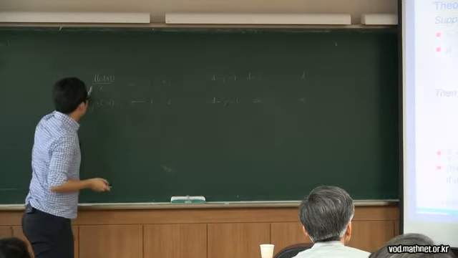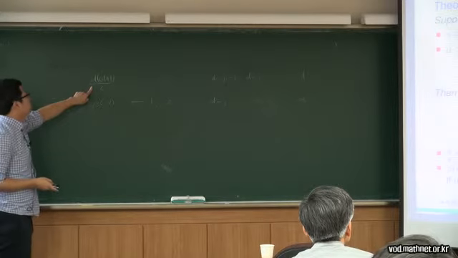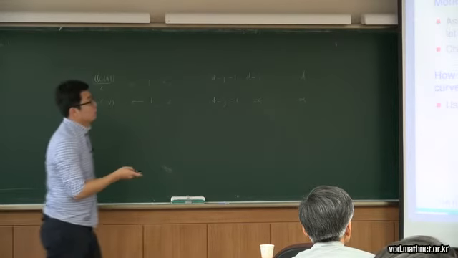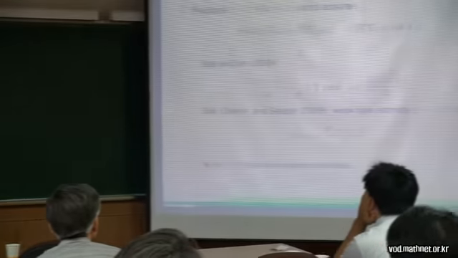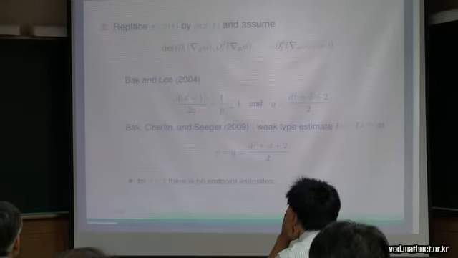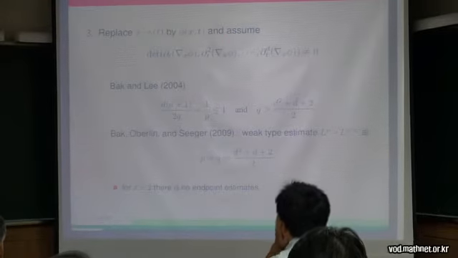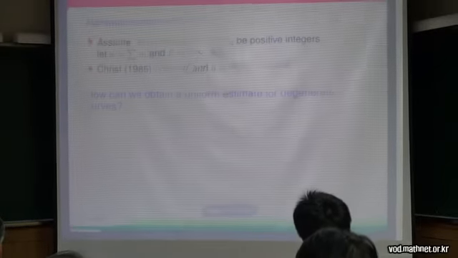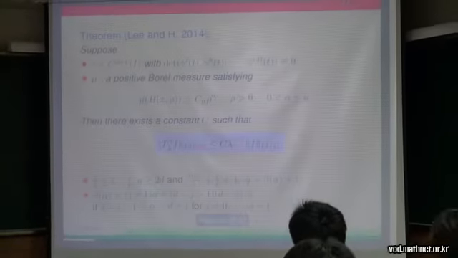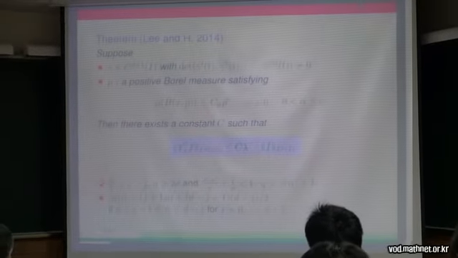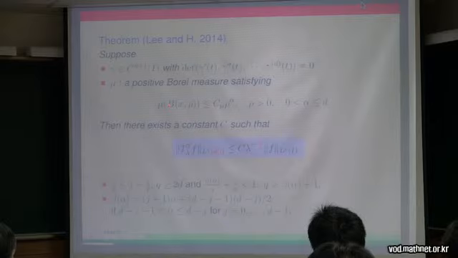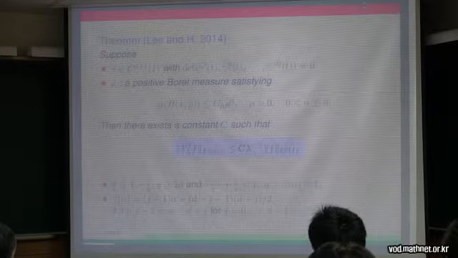So this quantity d plus 1 over 2 is replaced by beta(alpha) if we consider a more general measure mu.